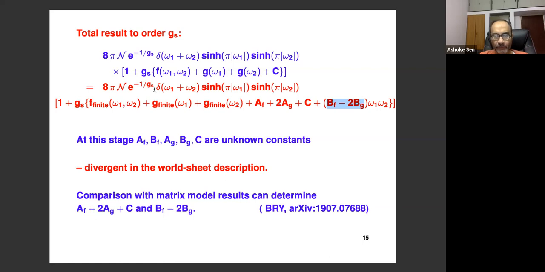In fact, it is a function of one variable, omega-1. They took the function of omega-1 that you get from this, treated these as arbitrary parameters, and found the best fit values of these two constants. So they determined the values of these two combinations. I'm going to give the result in a few minutes, after we discuss some generalization of this.